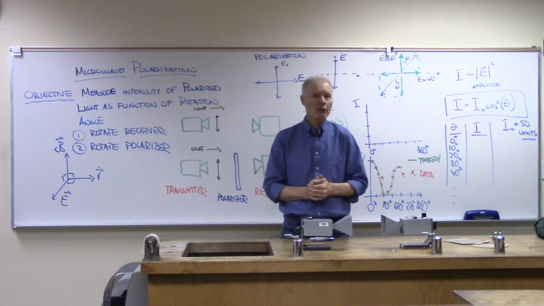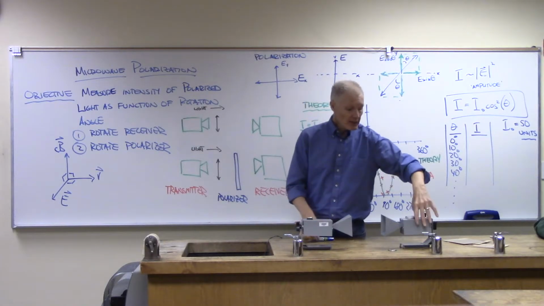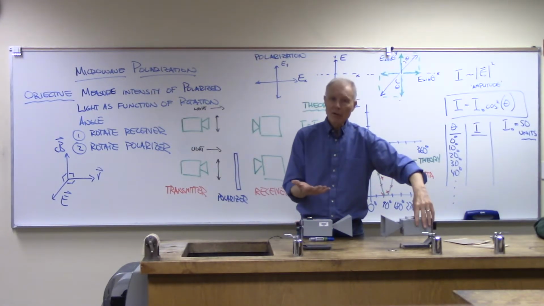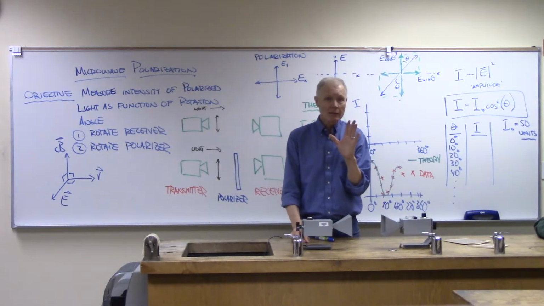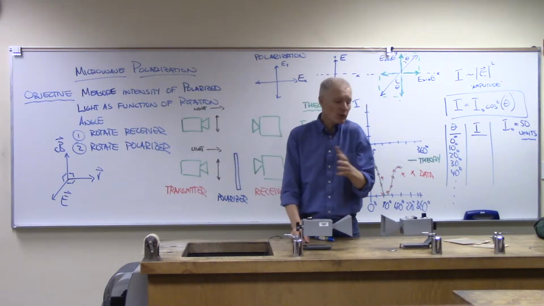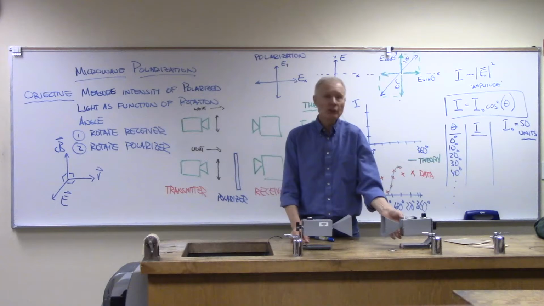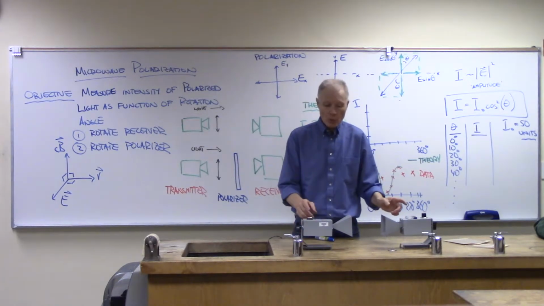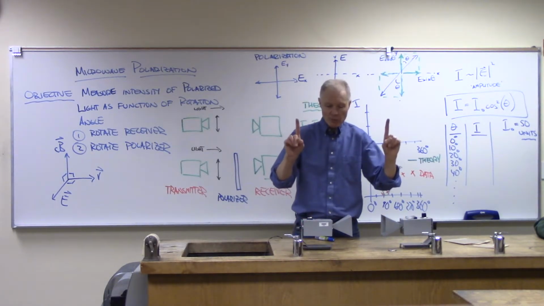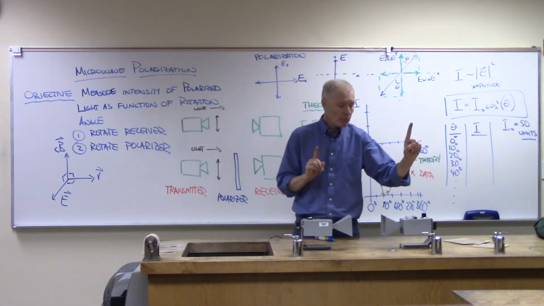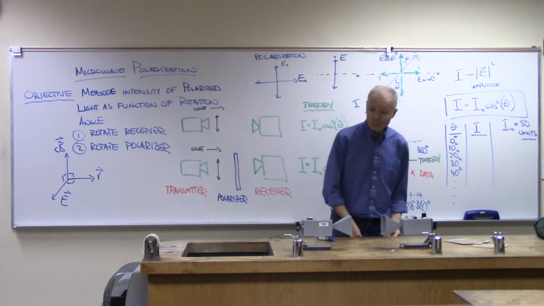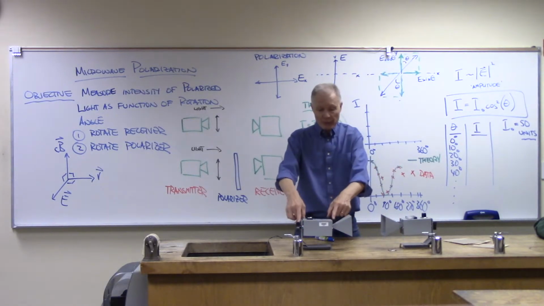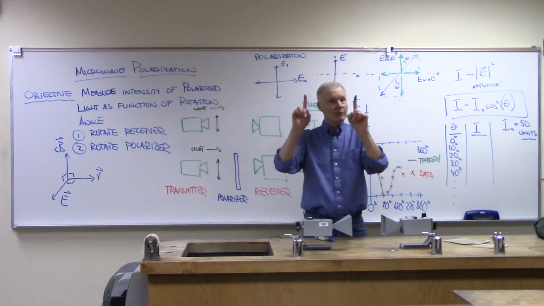There's nothing in the horizontal direction. The receiver is also set up so that it only takes in vertically polarized light. Horizontally polarized light does not generate a current. The antennas that are being used to generate and absorb the microwave light are vertically oriented.